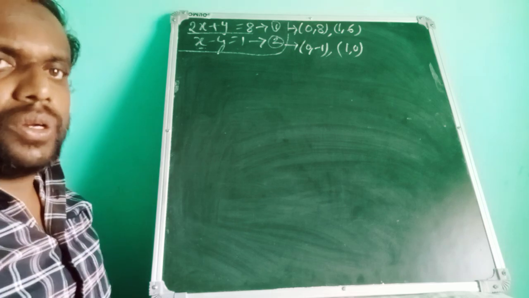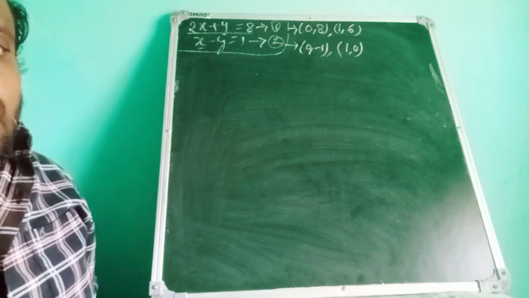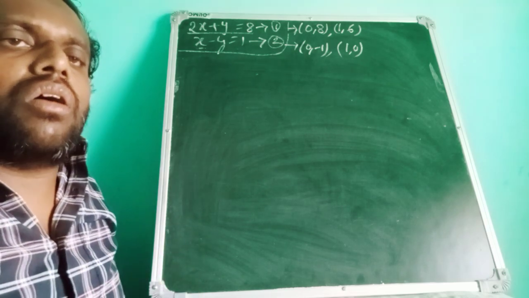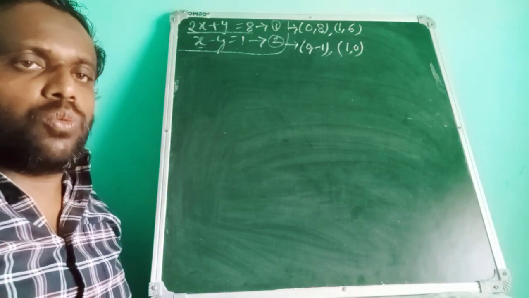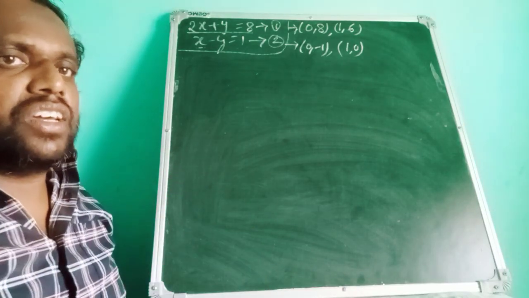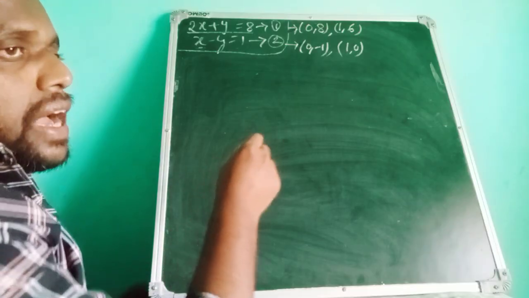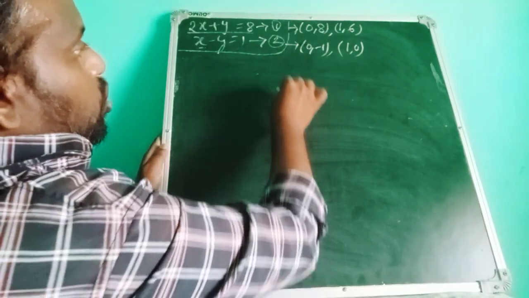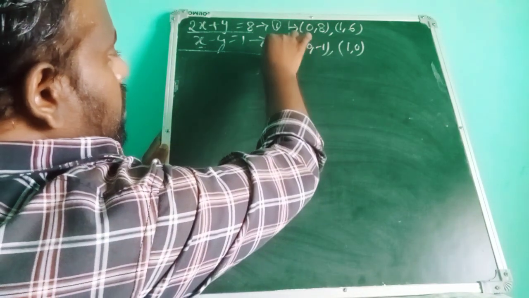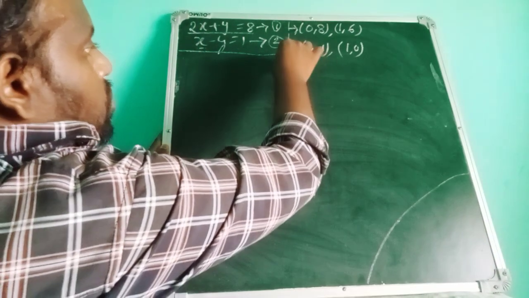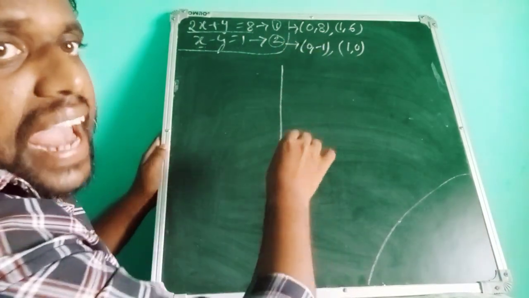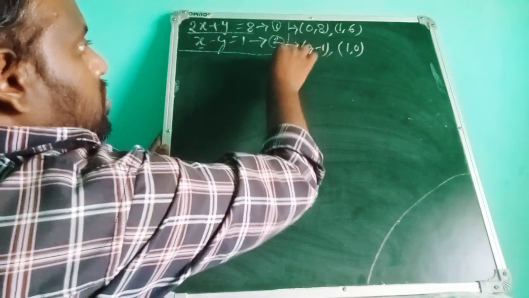Now we have to draw the graph. On the board I cannot draw the exact graph like 1 unit, 2 units. First I will draw and then I will explain. First write the coordinate axis.